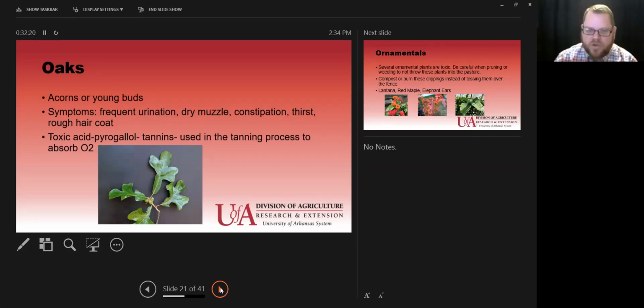Another use for tannins is that in the tanning process, we use them to absorb oxygen and dry out leathers. So you can imagine that being in a ruminant system where oxygen is being absorbed to this other material and then excreted out the system, that can cause some major problems.